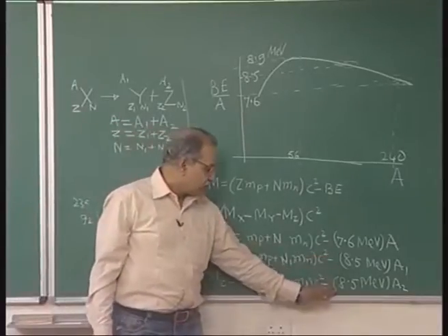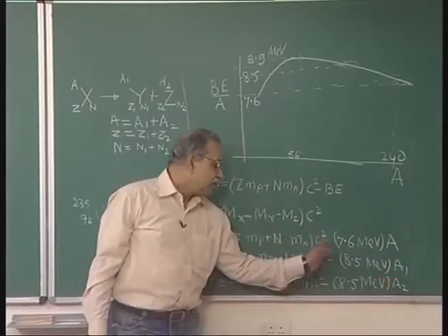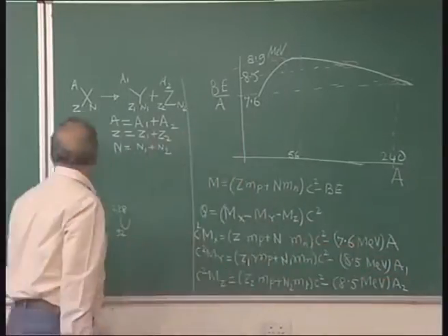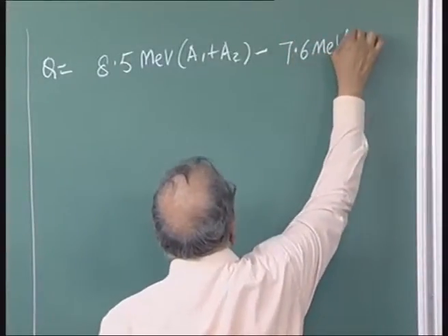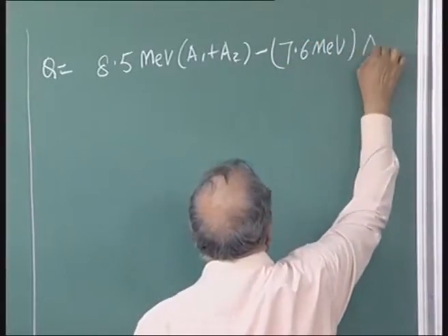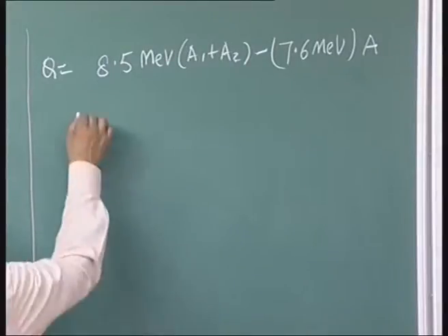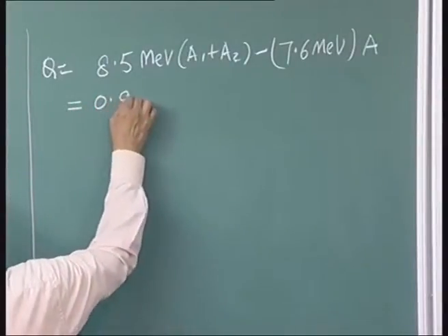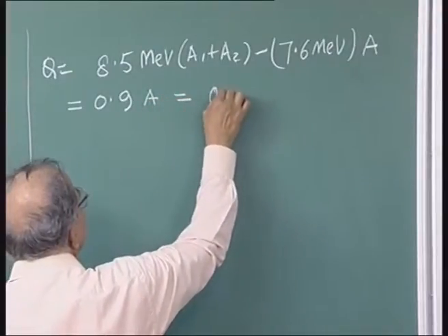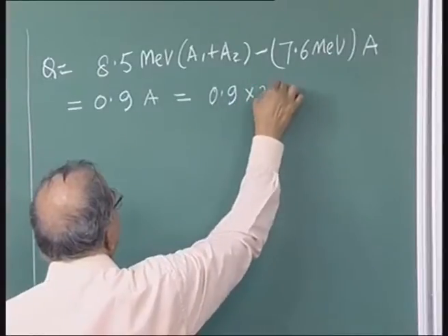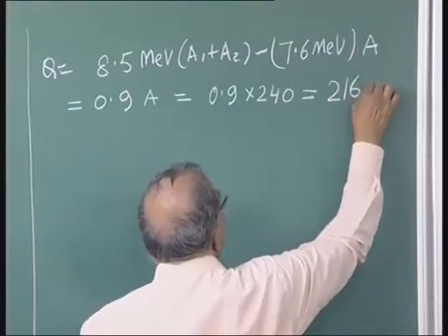So, these are positives, 8.5 MeV into A1 plus A2, and minus 7.6 MeV into A, and A is equal to A1 plus A2. So, it is just 0.9 times A, and if you take A to be around 240, it is 0.9 into 240, and how much is that? That is 216 MeV.